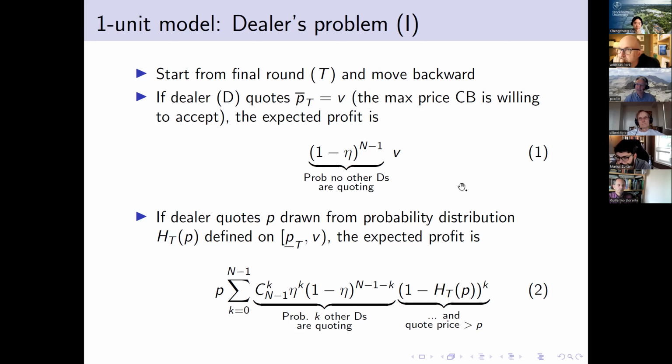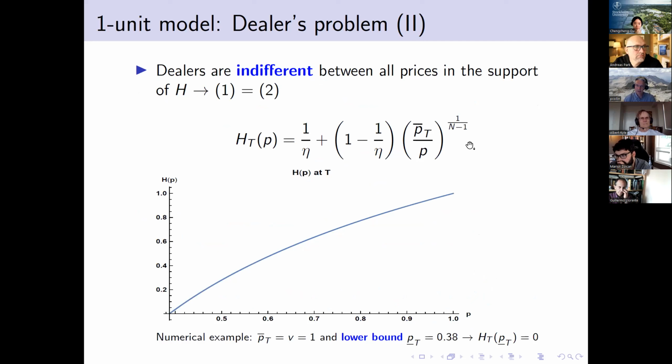This is the same mechanism that had been used in some of the papers I mentioned in the introductory slides. So we get this nice explicit solution for this endogenous quoting density in the terminal round as a function of the maximum reservation value the ECB is willing to pay in the terminal round, and we can get an explicit solution for this density that solves these two indifference conditions.